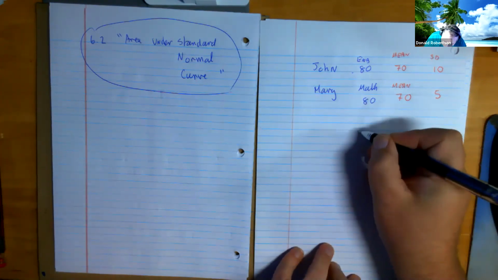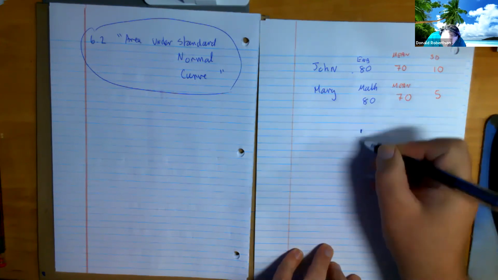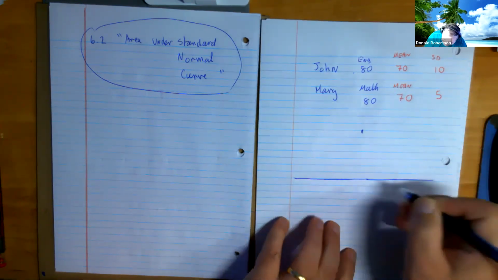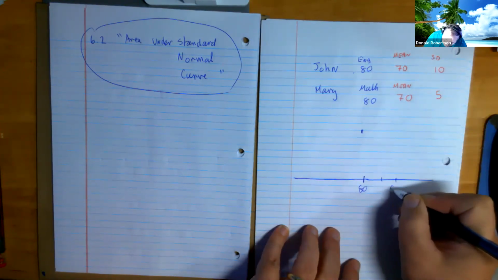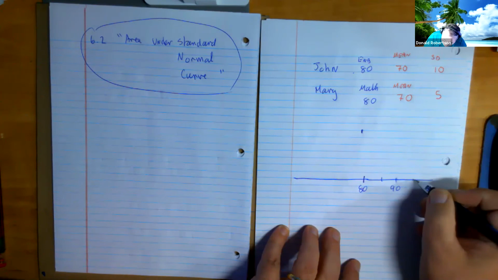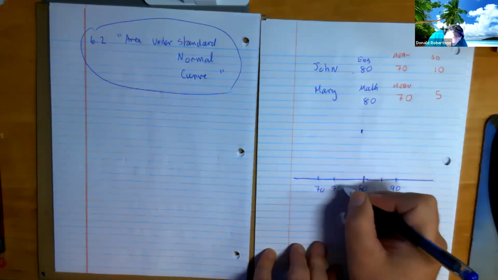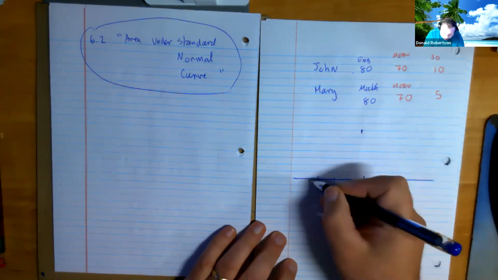So I think I know the best way for me to do this would be like this. Right in the middle, we've got 80, 85, 90. There we go, 70, 75, 85, 90. Don't really need to go much further.